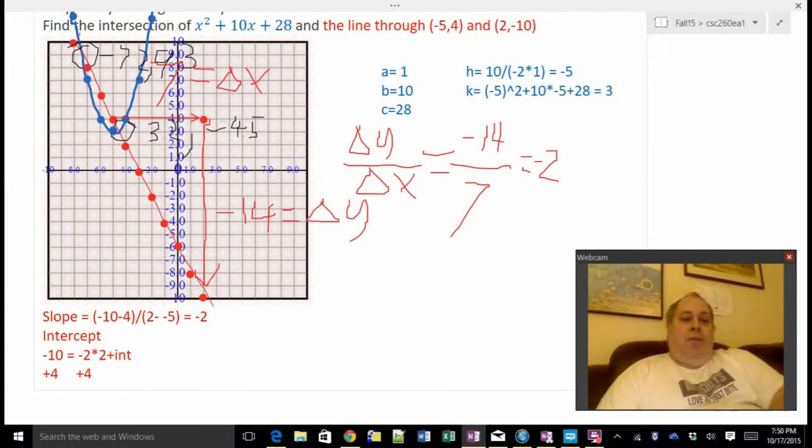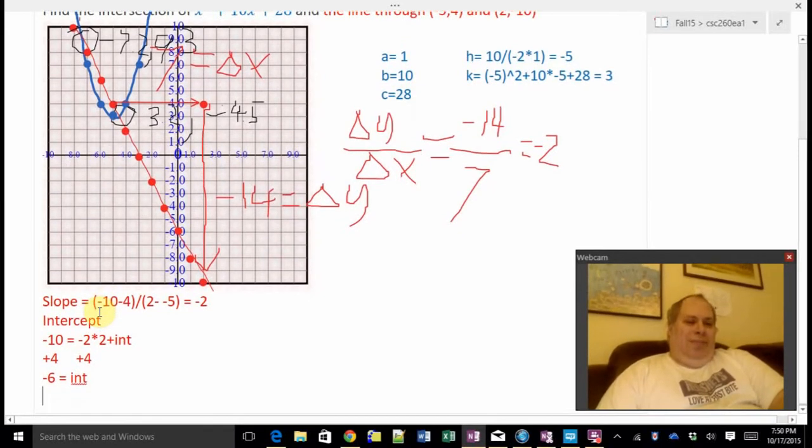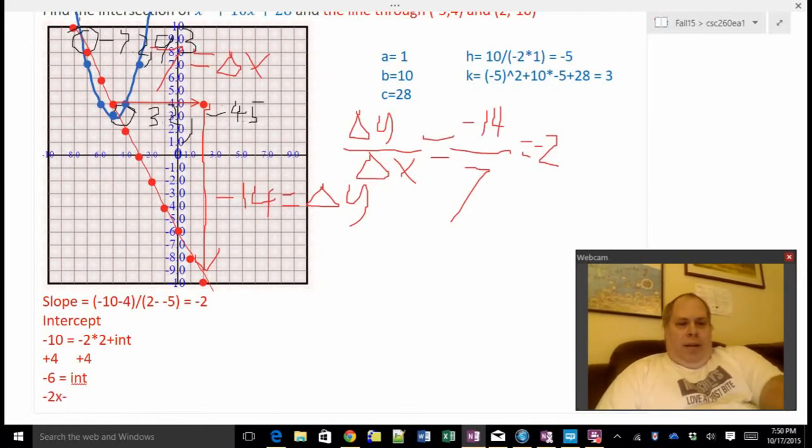We're going to add 4 to both sides, and that's going to give us negative 6 is the intercept. So my formula for the line is negative 2x minus 6, which matches.